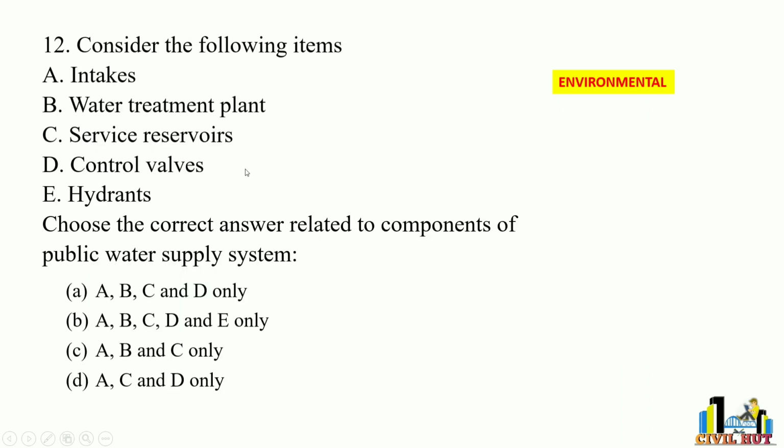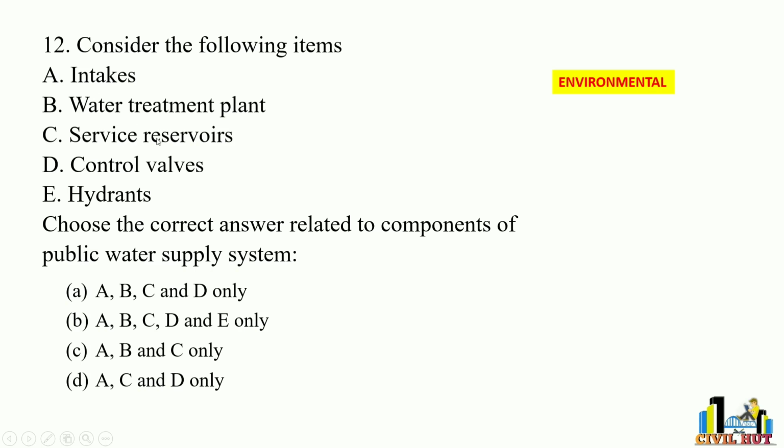Next one: consider the following items: A. intakes, B. water treatment plant, C. service reservoirs, D. control valves, E. hydrants. Choose the correct answer related to the components of a public water supply system. Intakes: water will be taken from the rivers. Water treatment plants: the collected water will be treated before distribution.